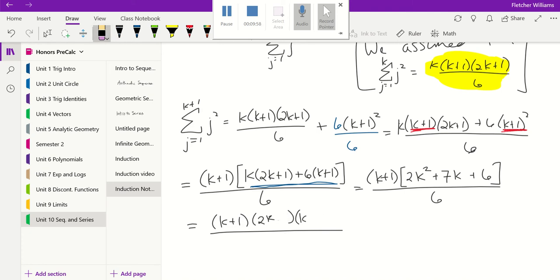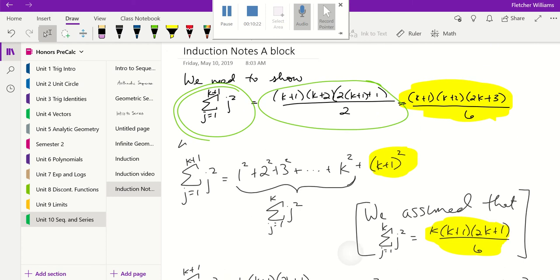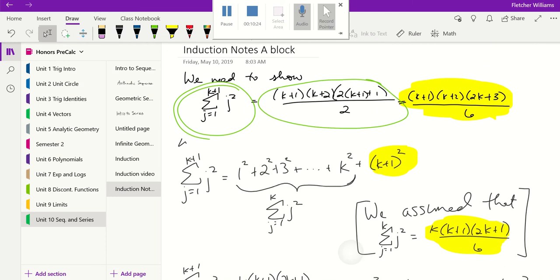Other way. Yeah, plus 3, plus 2. So that gives you the 2k squared plus 4k plus 3k, which is 7k plus 6 over 6. And if you look, that's what we were trying to show. Right? That was this piece. So we did it!